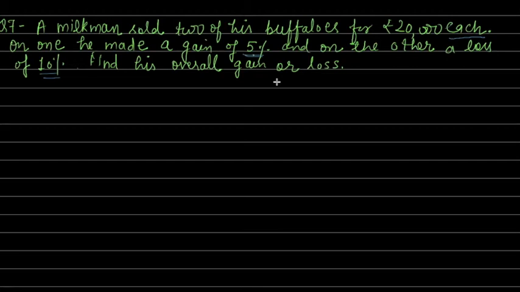So this question is similar to the question we have just done for TV and VCR, which was question number 5. Okay. So again, let's do it in a similar manner so that you are clear with the concept. We will divide it, and I am taking buffalo 1 on one side, and buffalo 2 on the other side.